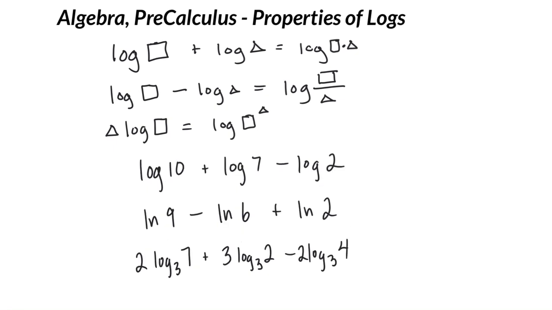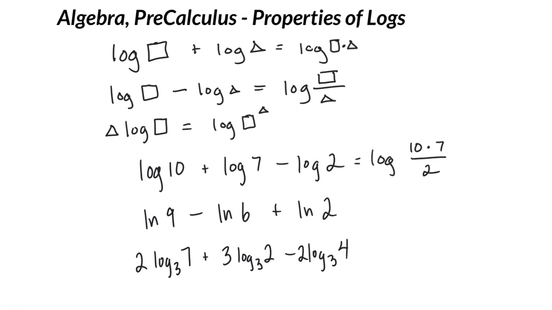Now, the first thing I always check right away is that every log I'm trying to simplify has the same base. Remember, if there's no base written, it's considered a base of 10. So we have 10, we have 7, we have 2. This is all good. These two are being multiplied, and then we have a division. So if we were going to combine it, we could say we have the log of 10 times 7, and we can then write divided by 2.